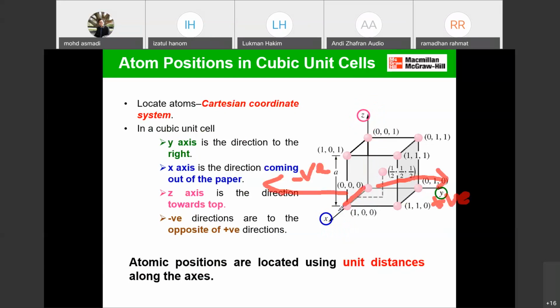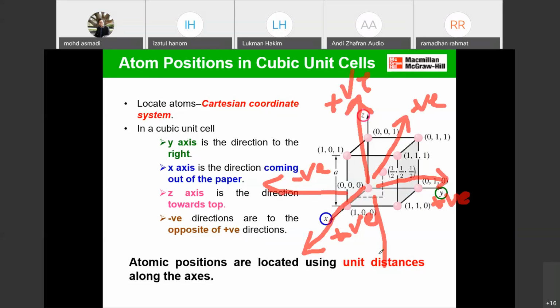Similarly for x, this one is positive and that one, inside the paper, is negative. The z direction toward the top is positive, and toward the bottom is negative. Atomic positions are located using unit distance along the axis. Please remember this.